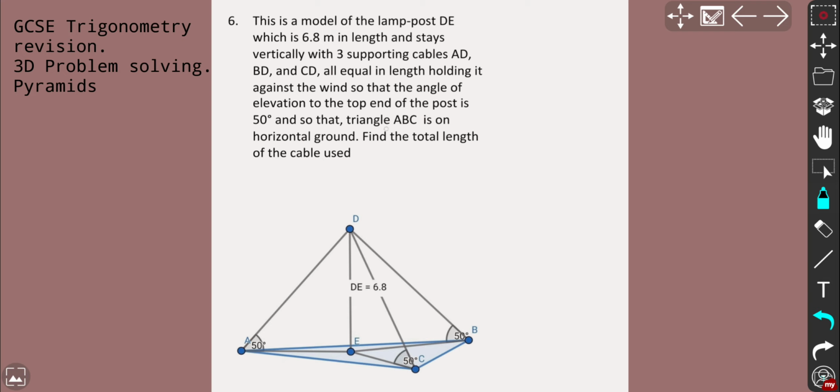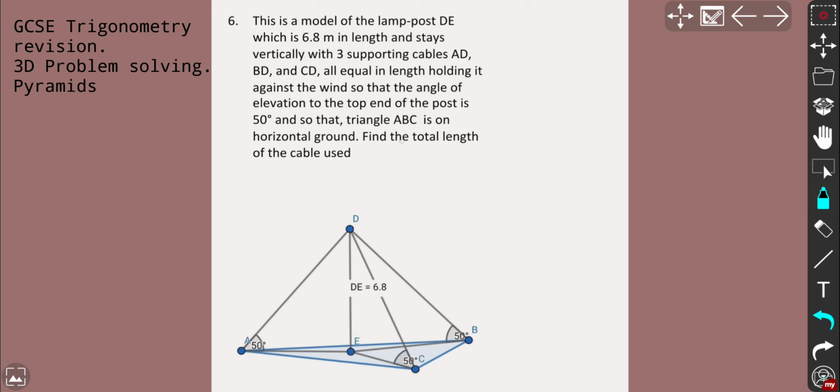Triangle ABC is on horizontal ground. So all 3 points are on horizontal ground, and that means ABC lies completely on the ground. So it's flat, and that's what represents the horizontal plane.